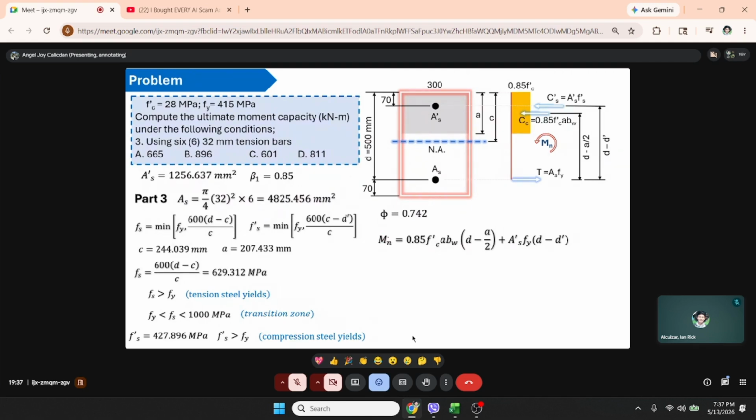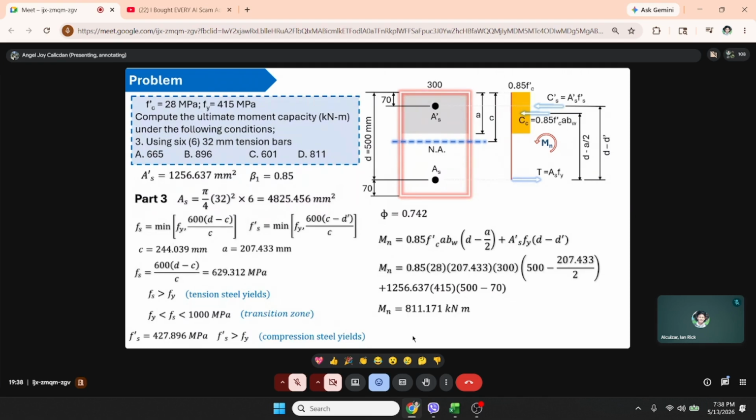So, solving for Mn is same ra, mag-moment yapon ka sa T. So, 0.85 times Fc prime times A na 207.433 times beam width 300 times 500 minus 207.433 over 2 plus AS prime na 1,256.637 times Fy na 415 times D 500 minus D prime 70.